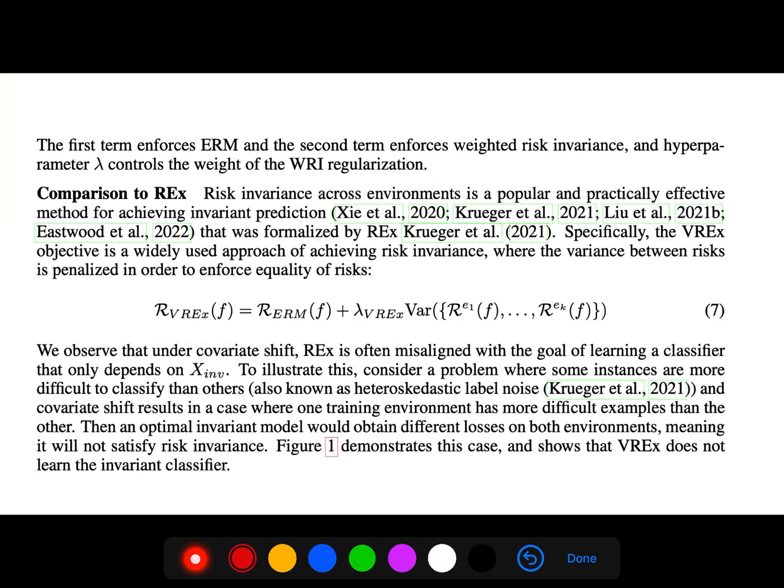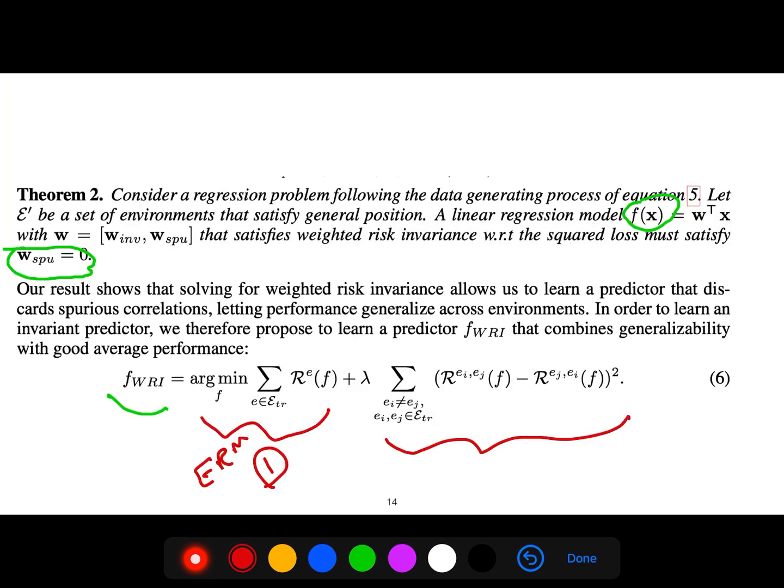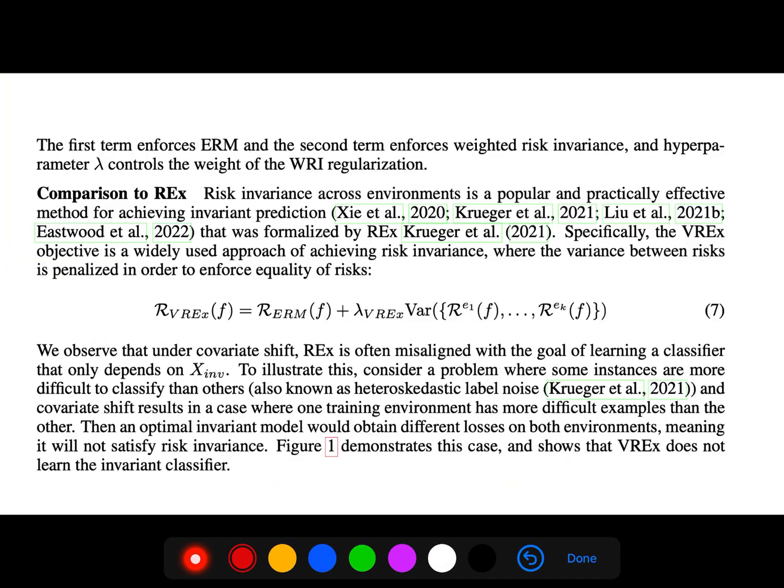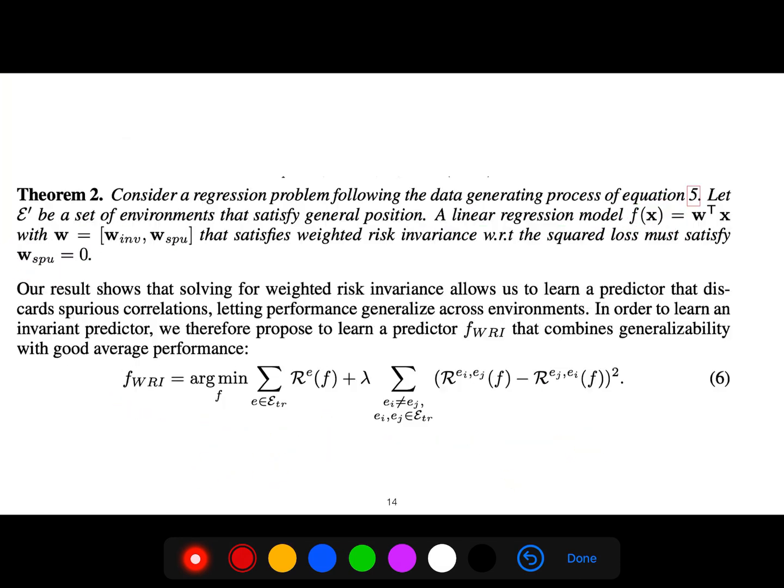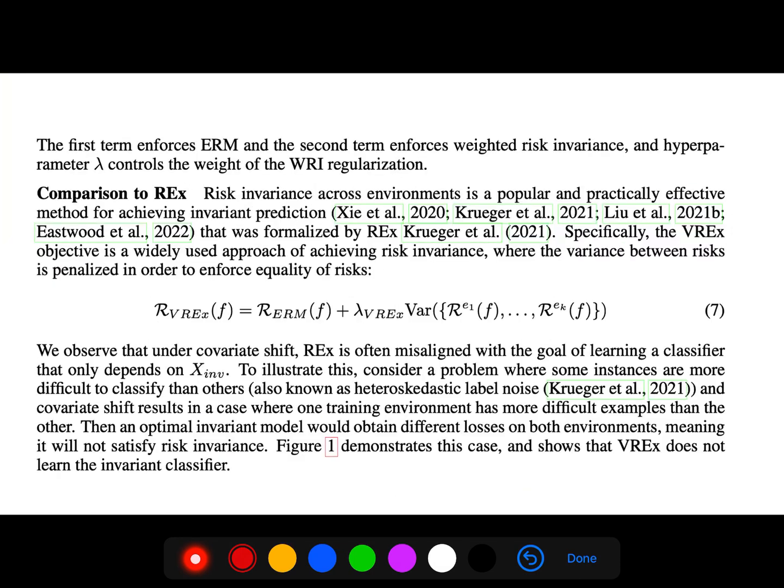The second term enforces the weighted risk invariance. This is the weighted risk invariance. And the hyperparameter lambda controls the weight of the WRI regularization.